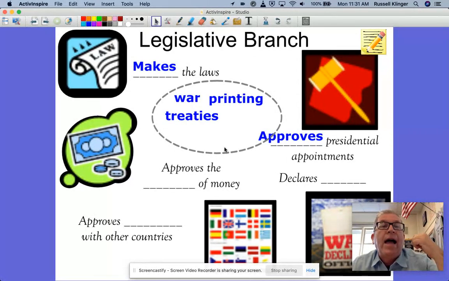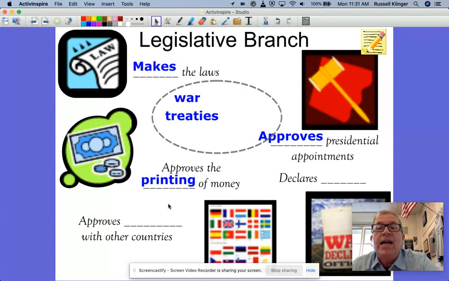They have the power to approve the printing of money, the printing of currency. They can determine how much money is printed and put into circulation within the United States and the world. They have the power to declare war.